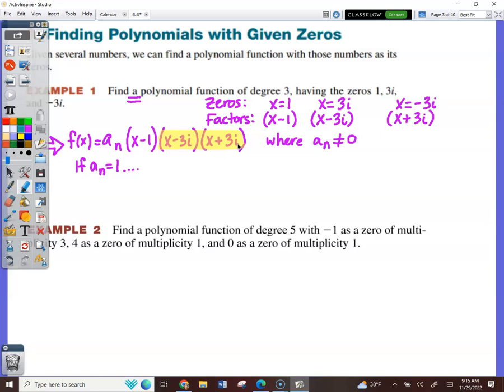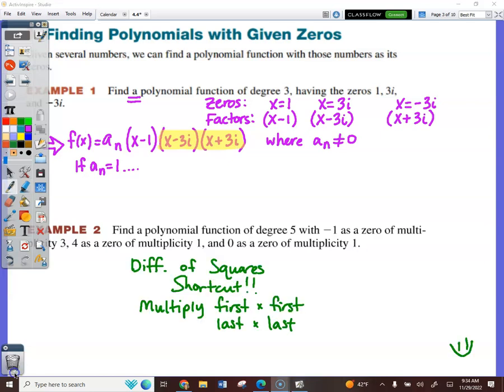Now, here's where you want to get comfortable with your multiplication, because there is a difference of squares here, and this happens every time. Because that's a difference of squares, it's going to multiply and the i terms will disappear. The shortcut is you just multiply the first term by the first term and the second term by the second term, and then you clean it up with that i squared being negative 1.